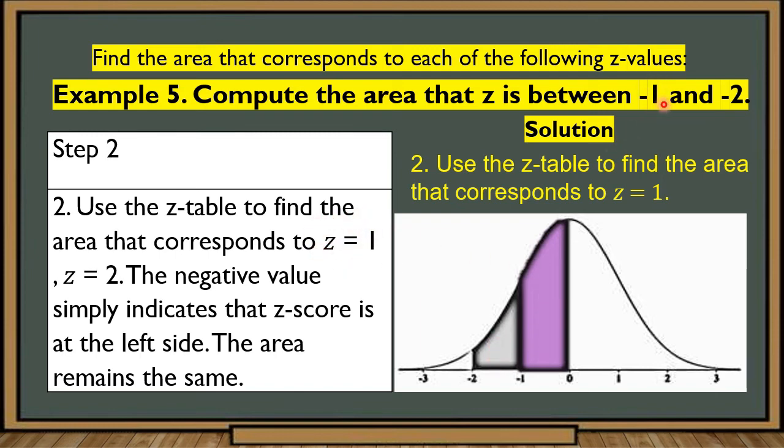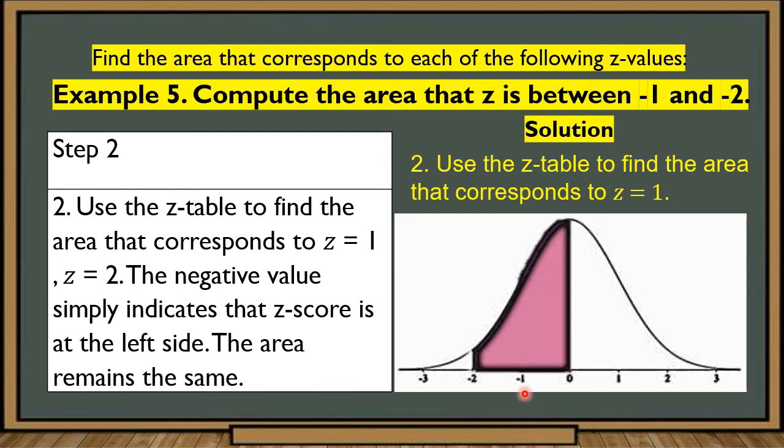So, we're going to find the area that corresponds to z equal to 1. And another one, para makatulong din, we're going to find the value of the area which is equal to z equal to 2. So, after natin mahanap yung area na to, which is from 0 to 1, hahanapin din natin yung area from 0 to 2.